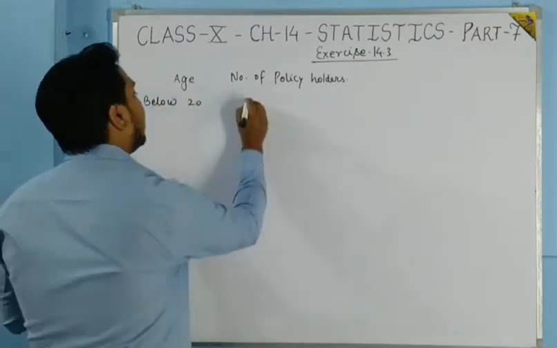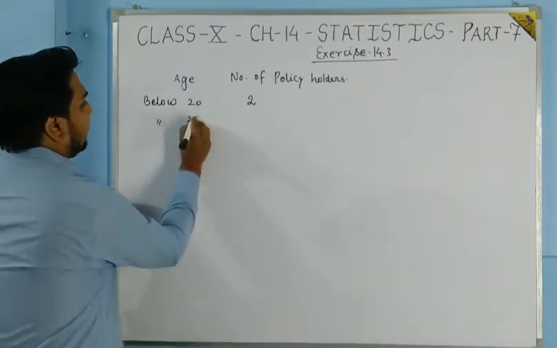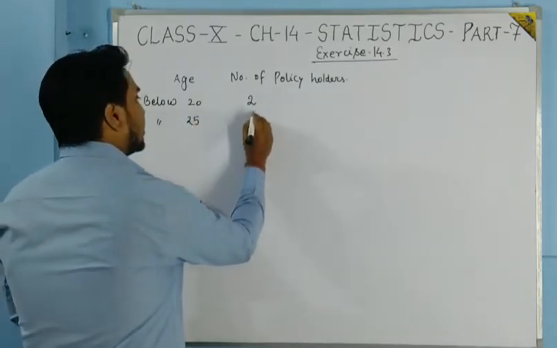Okay, and the number of policy holders is 2. After that, below 25 it is written 6.